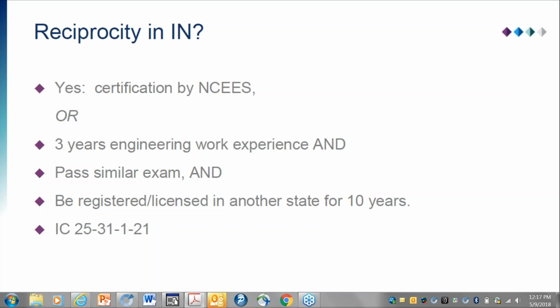Yeah, we expect that most of you have done it this way. Perhaps you began your career licensed in Indiana and came to Illinois. Who knows? But the point is, all of this is out there, and the good news is that at least reciprocity is available in Indiana.